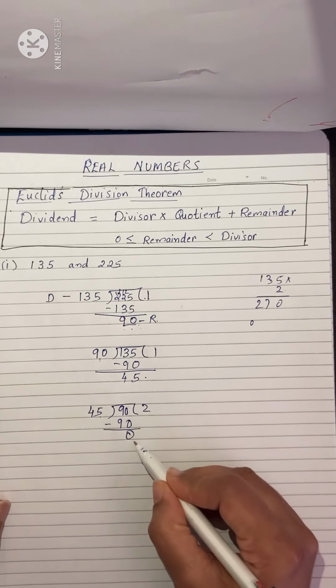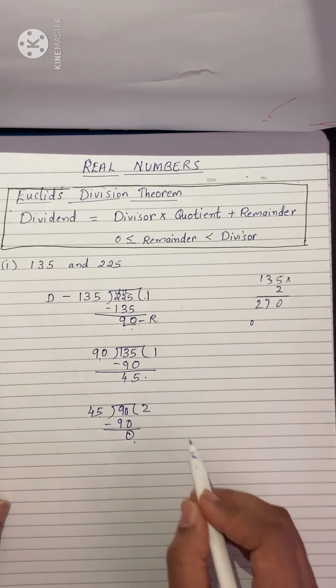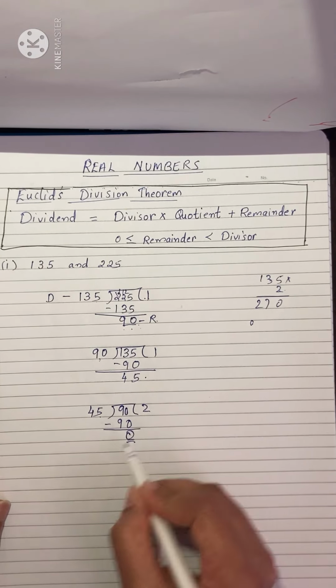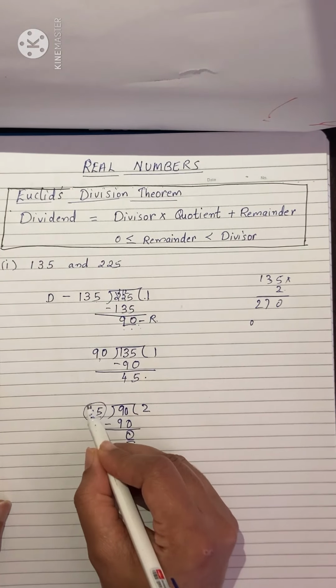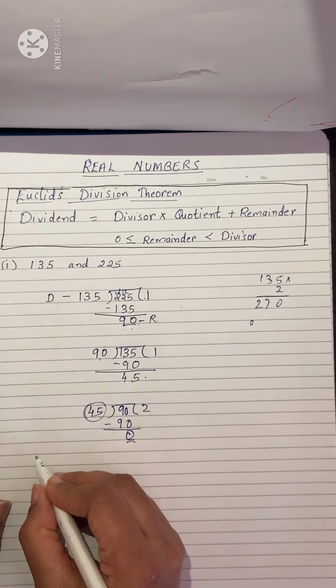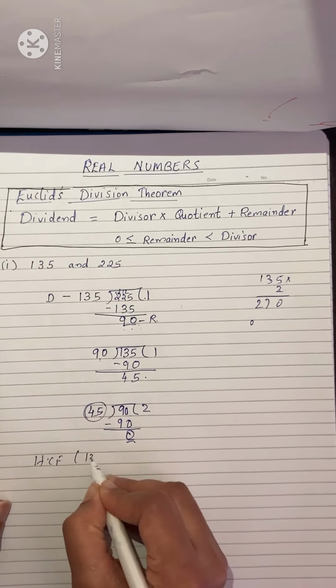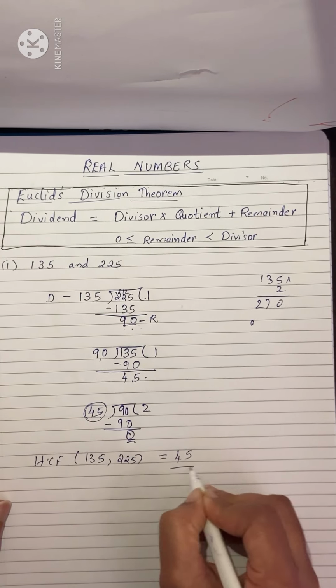So here we get the remainder as 0. So we can stop dividing the numbers because remainder is 0. Therefore HCF is the last divisor. HCF is this divisor. So we can write that HCF of 135 and 225 equals 45.